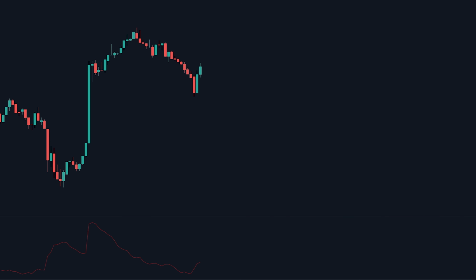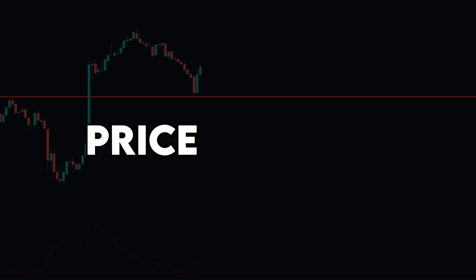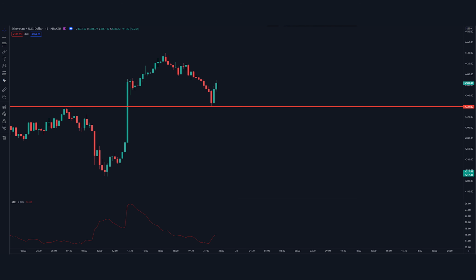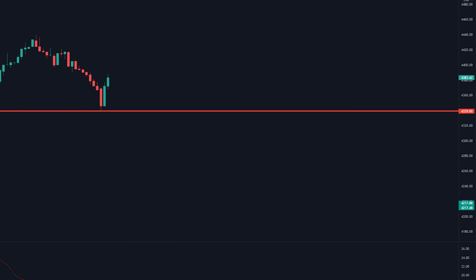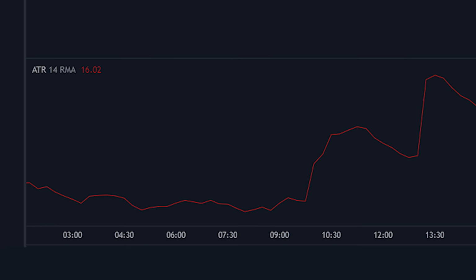Once you find where you want to place your stop loss, say this recent swing low for example, instead of dropping your stop loss a random amount below that level, you should be taking volatility into consideration. So what you do is take the price of the level of where your stop loss is and subtract this ATR value. In this example, our stop loss level is at 4,339 and our ATR value is 16.02.